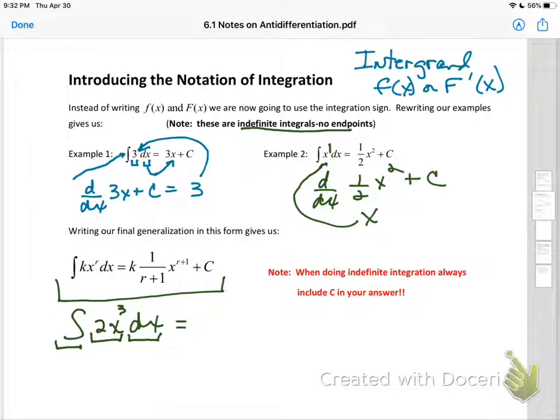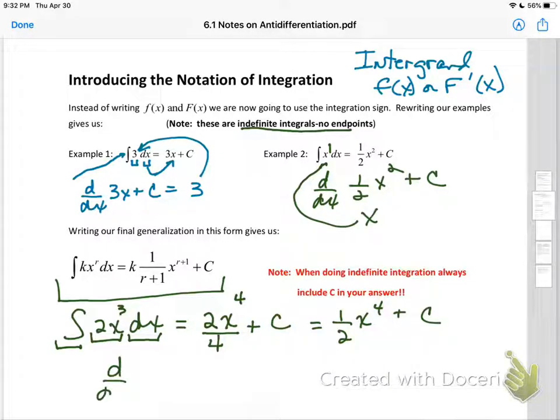So I'm going to have the 2 come along for the ride, write my x down, add 1 to the 3, that makes it 4, also divide by the 4, and don't forget the constant of integration. Okay, so I'm going to reduce that. That is 1/2 x to the 4 plus c.